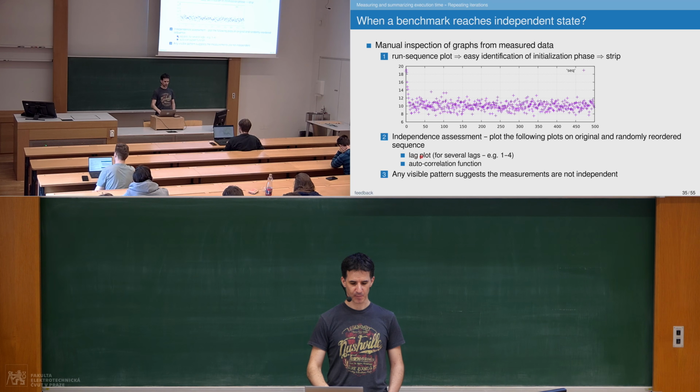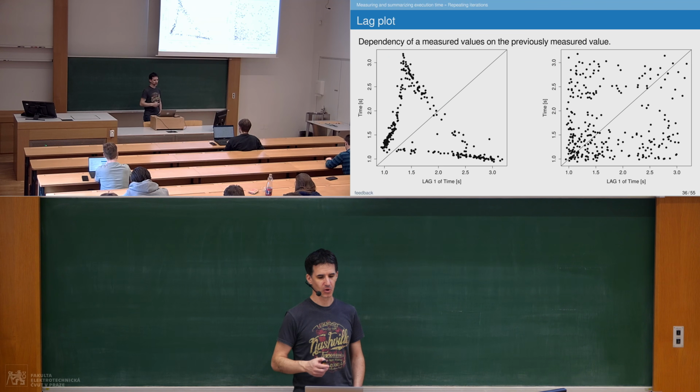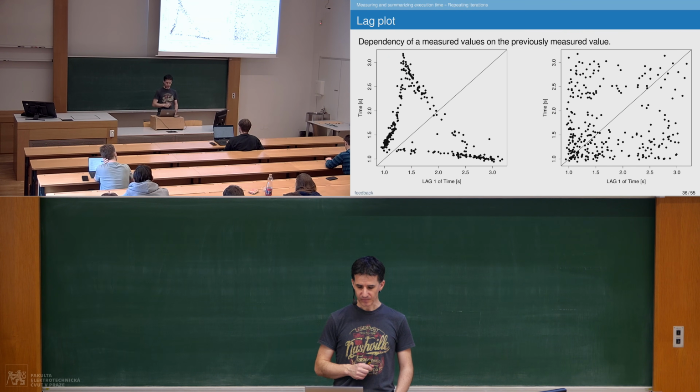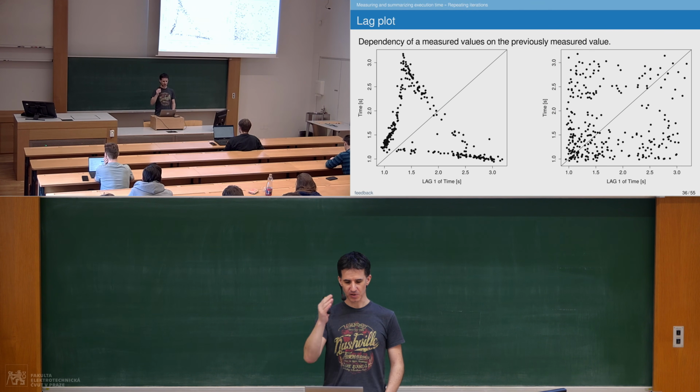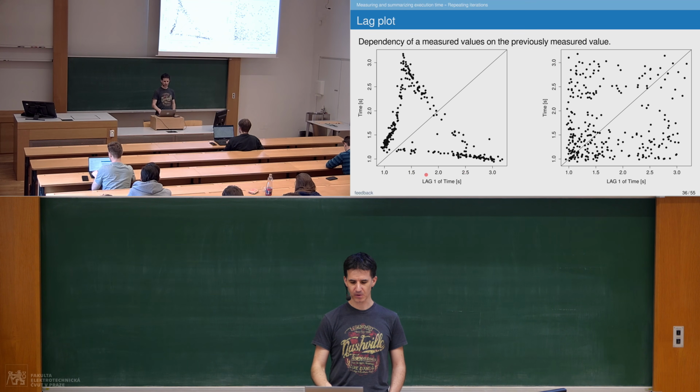You can, for example, use what's called a lag plot or autocorrelation function. So what is a lag plot? Imagine you measure those execution times and you draw a two-dimensional picture like this. Whenever you measure some value, you remember that value, and let's say it was 2.